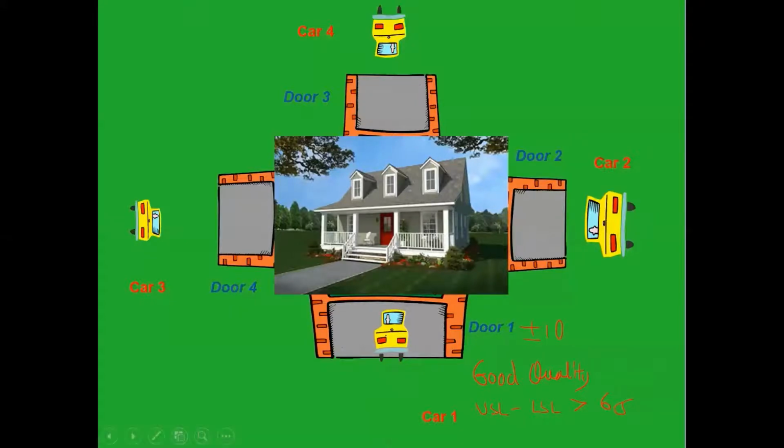How about car 2? The size of car 2 looks exactly the same as door 2. So machine car 2 might still be able to produce product door 2, however, it very much depends on the operator skill perhaps.